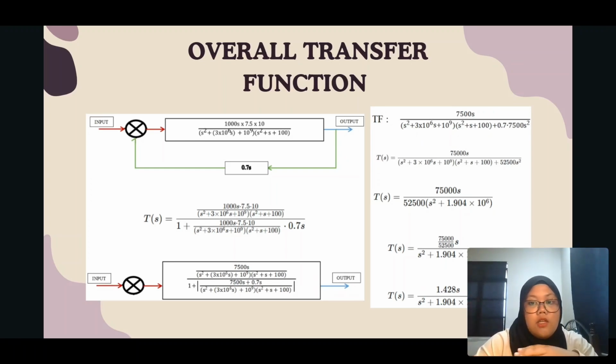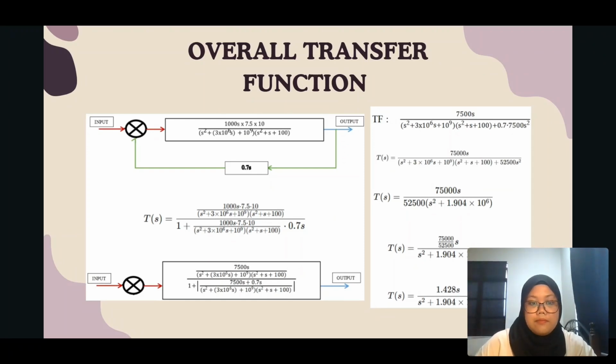The percentage overshoot can be calculated by substituting zeta equal to 0.05, which yields an overshoot of about 85.45%. This transfer function provides a comprehensive understanding of the system behavior and performance in response to various inputs and disturbances.